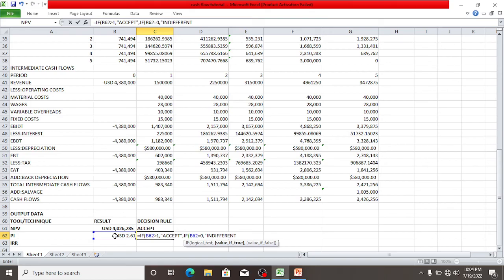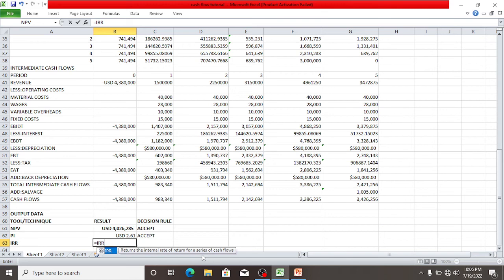Now let's go to IRR. IRR is also inbuilt in Excel. Equal sign IRR returns the internal rate of return for a series of cash flows. Let me double tap on it. Our task is just to put the values, the cash outflows and the cash inflows, and then Excel will guess for us the internal rate of return.